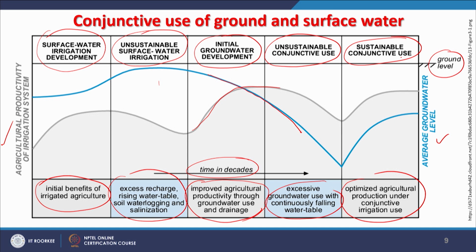So, you can think that if conjunctive use is not done or that balance is not struck for any area, these are the problems which might occur. Too deep groundwater level. So, this is the best situation where the water is available, productivity is also okay, and your groundwater levels are not going too deep.